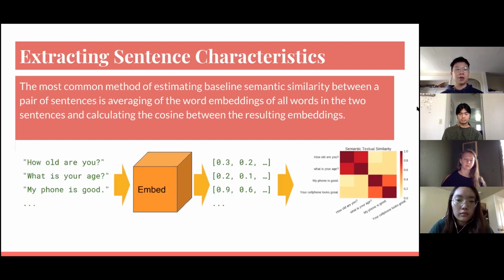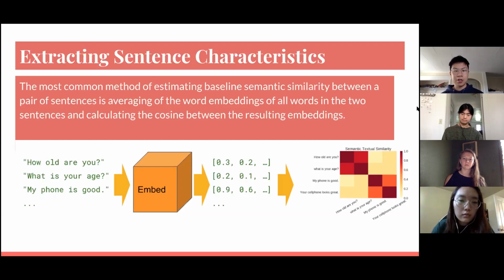For example, if we have sentences such as how old are you, what is your age, my phone is good, then we do word embedding and vectorize each sentence, and then we input them to our algorithm to figure out how close, how similar they are. Here we can see a similarity matrix.